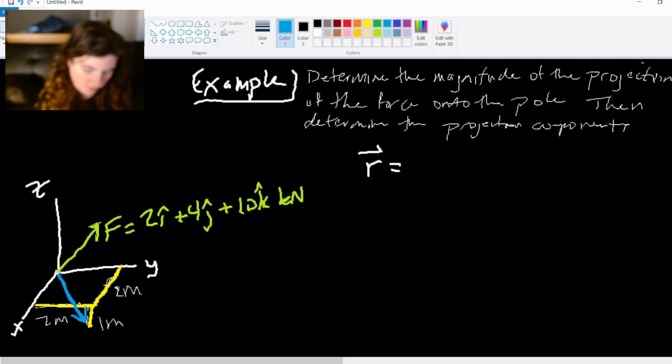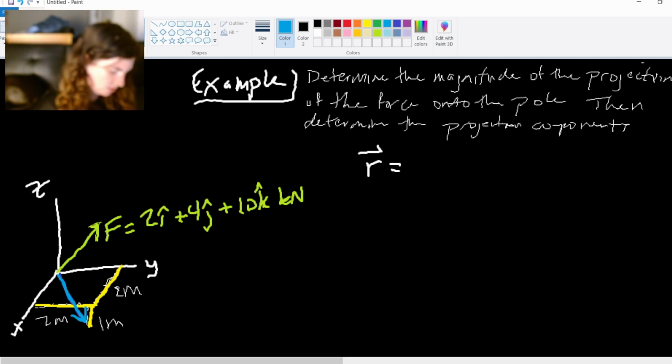So our r vector in this case, we can see it's coming out by a positive 2 meters in the x direction, as well as in the y direction.